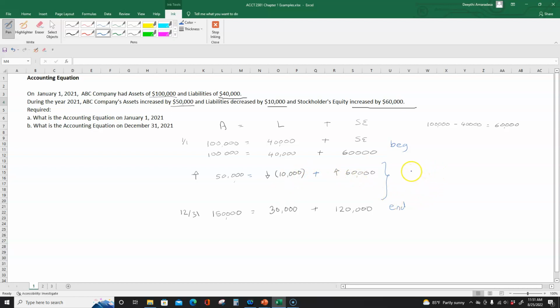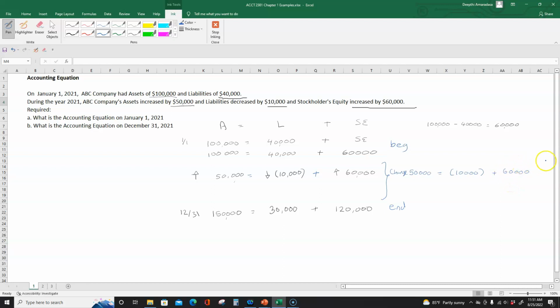So let me write it out here. The change looks like this. Assets of 50,000. There was a change of assets increasing by 50,000. We know that liabilities decreased by 10,000. And we know that equity increased by 60,000. If you look, this change also follows the accounting equation.